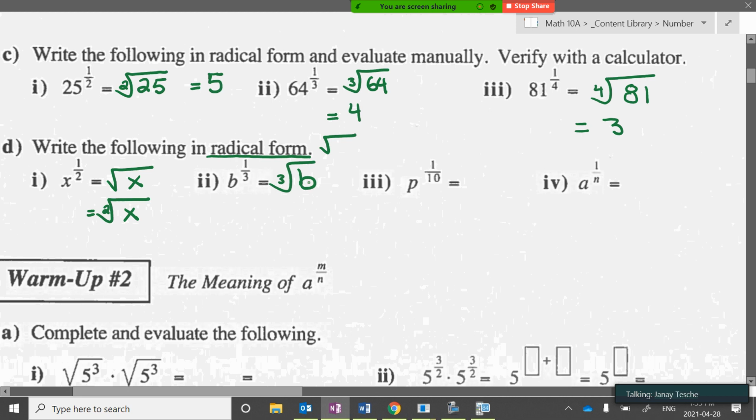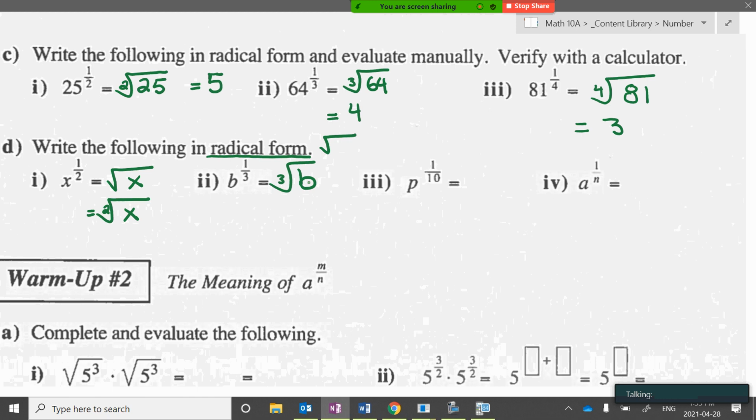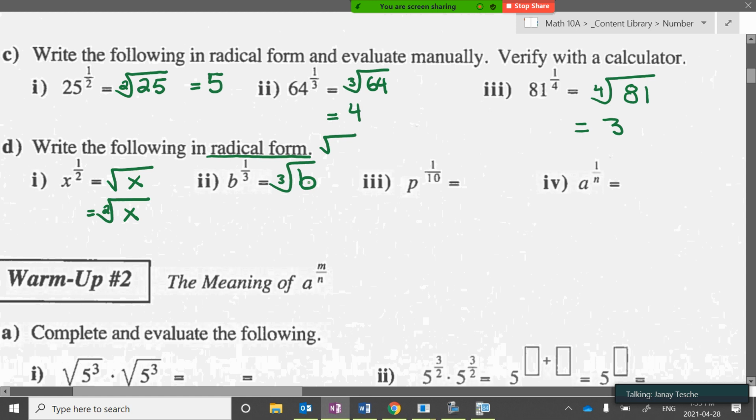Go ahead, Sophia. Yep, everything's at play, and we will go through them all connecting together. It's like building and building on things. Why you would ever take the 10th root of something, I honestly have no idea, but we could write it as p to the power of 1/10 or the 10th root of p.